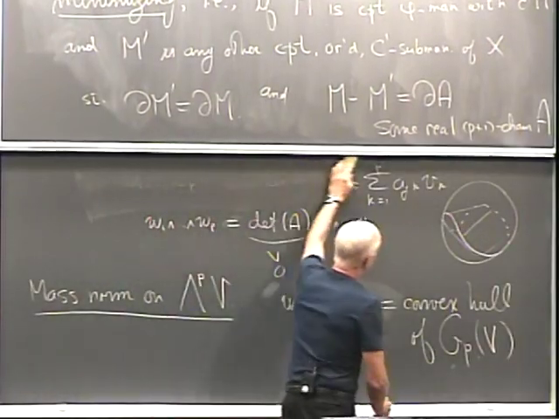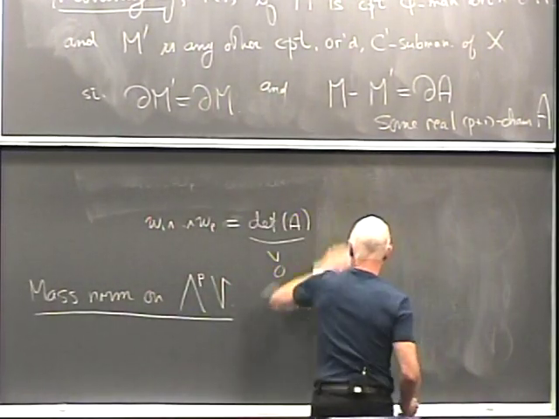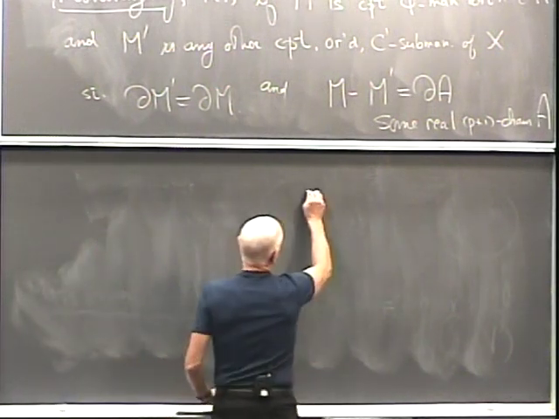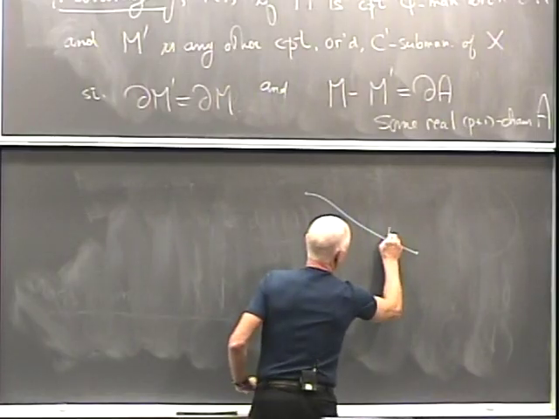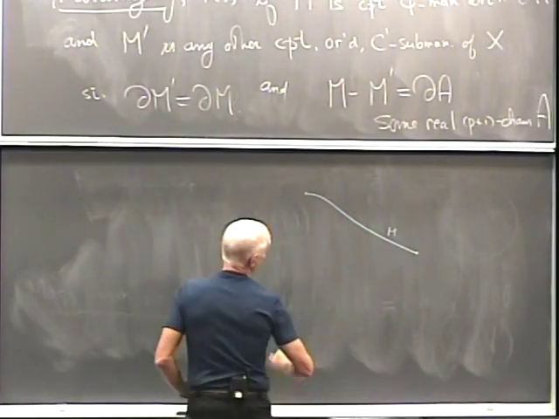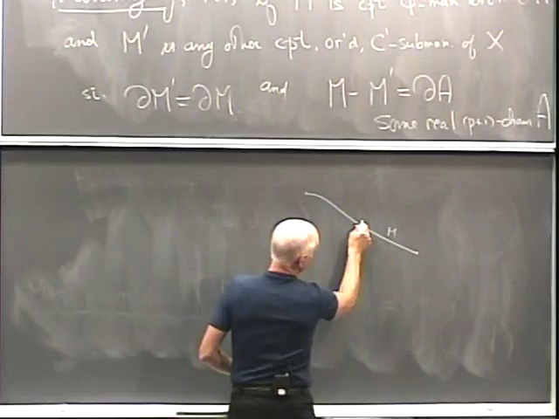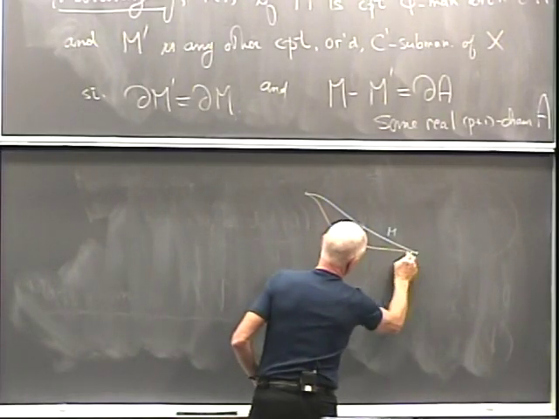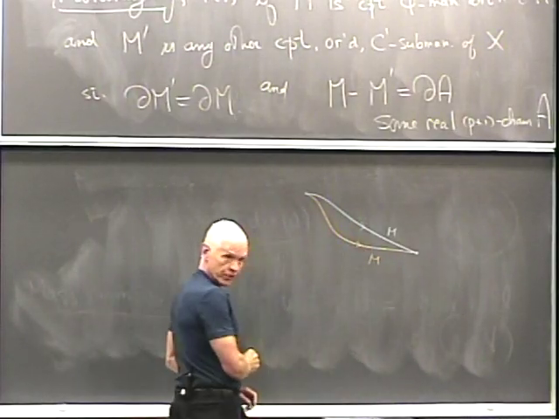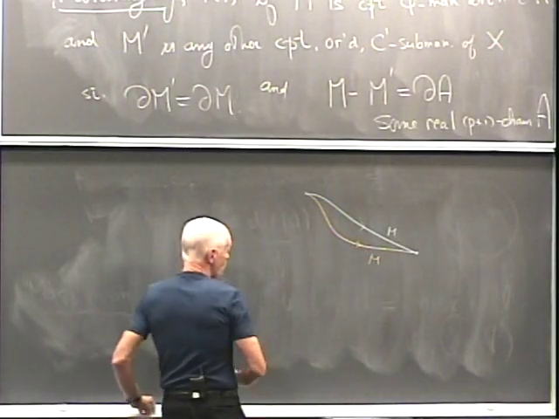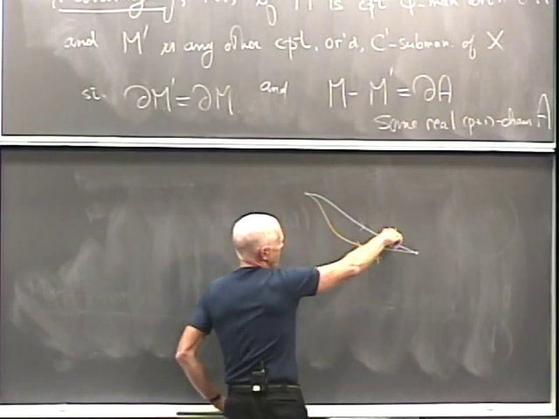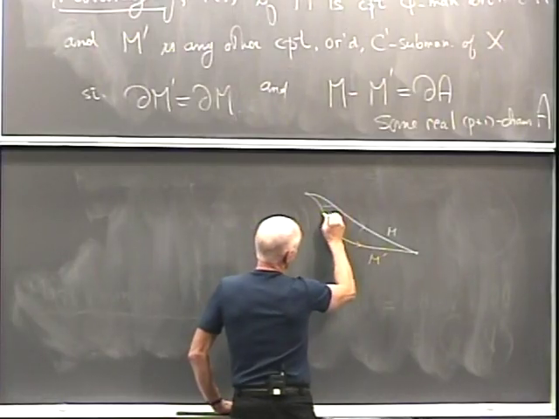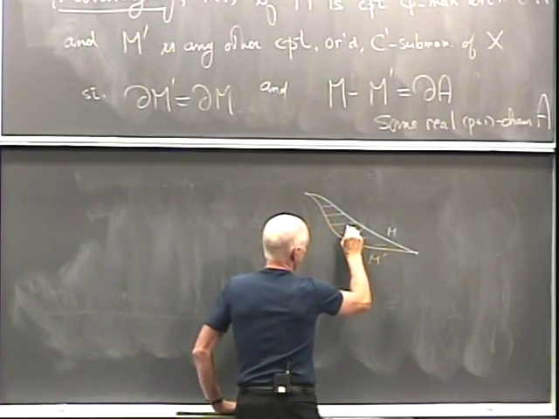Okay? So the picture is simply this. Here's the manifold M, and then I have another manifold, and it's oriented, so I'll put an arrow on it. And now I have some other manifold, M prime, with the same boundary, but I'm requiring a little bit more, not just that M minus M prime be a cycle, but that this cycle actually bounds something.